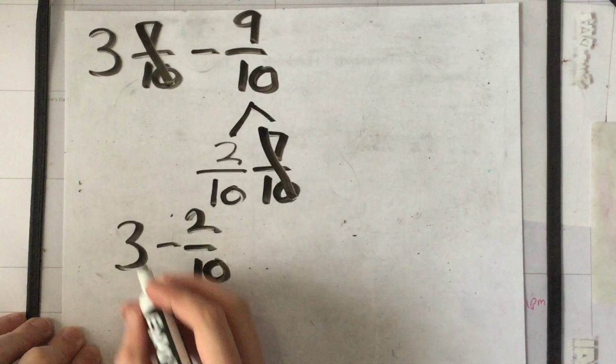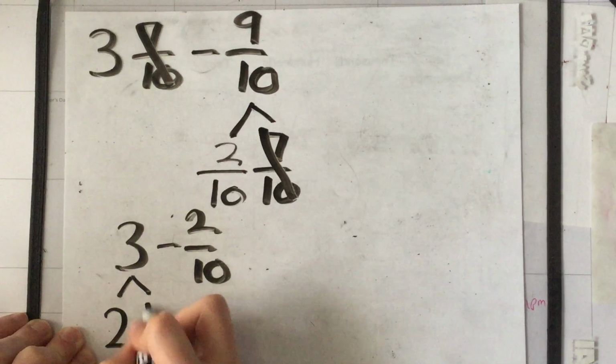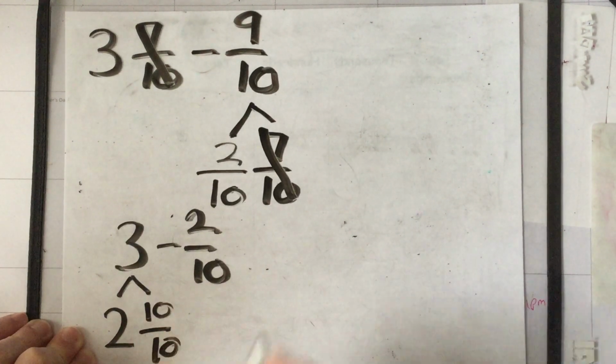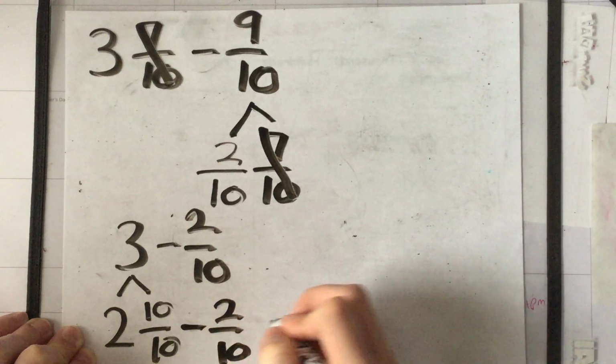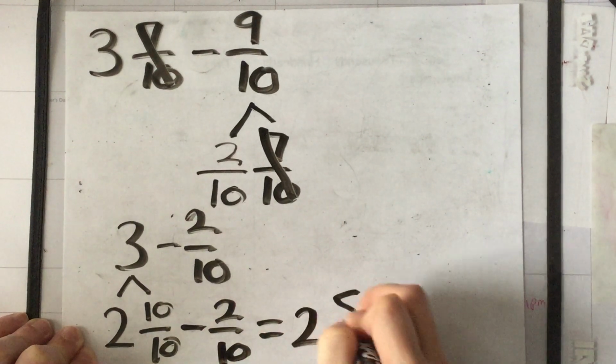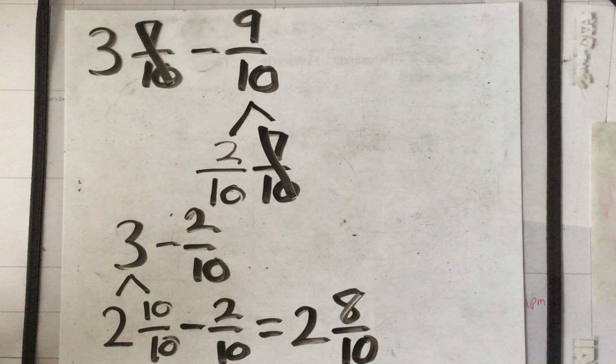But I need some tenths over here, so I need to take out one whole, which is 10/10 because my unit is tenths. Subtract the 2 that I've been carrying over. And now my answer is 2 8/10.